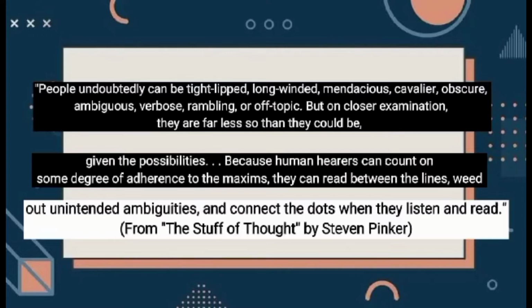But on closer examination, they are far less so than they could be, given the possibilities. Because human hearers can count on some degree of adherence to the maxims, they can read between the lines without unintended ambiguities and connect the dots when they listen and read."